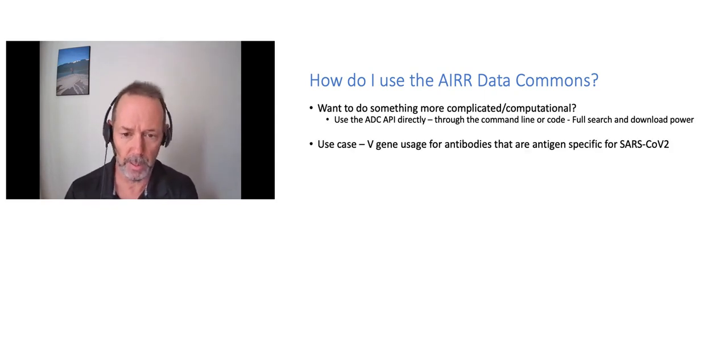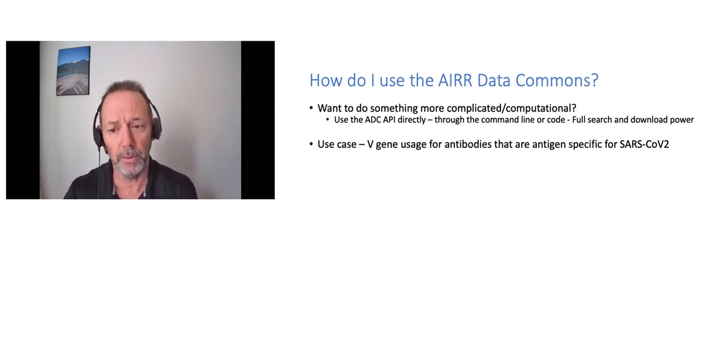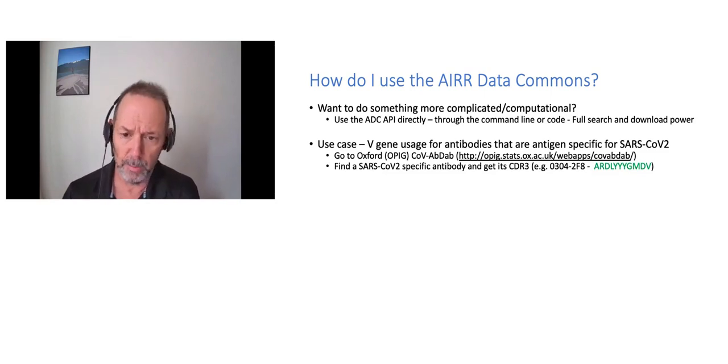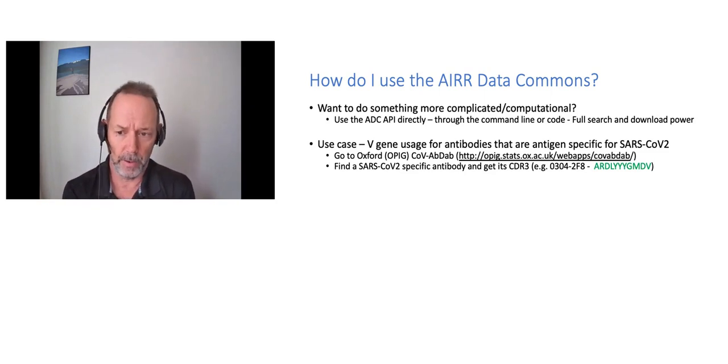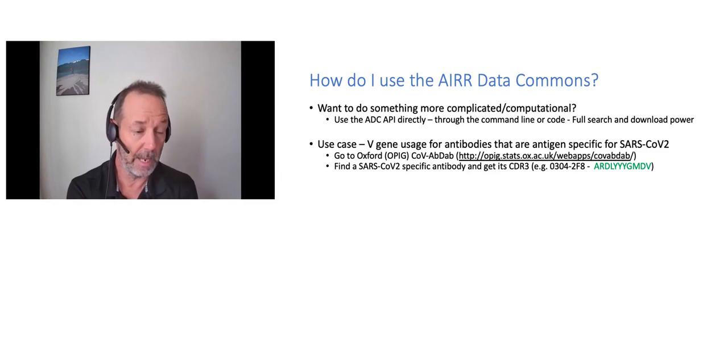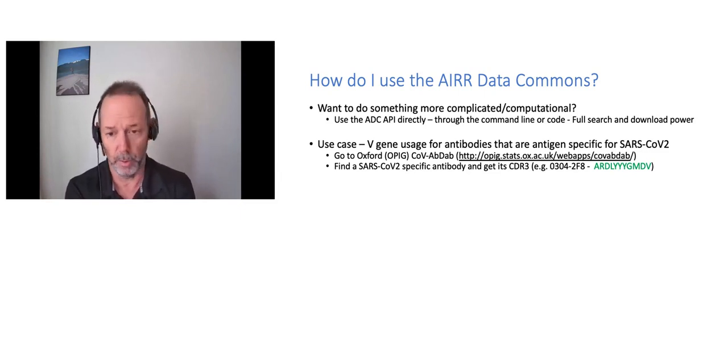So I'm going to walk through a simple use case. I'm interested in the V gene usage for antibodies that are antigen specific for SARS-CoV-2. I'm not sure if people are aware, but the Oxford OPIG group has developed a really valuable resource. They have a database of SARS-CoV-2 specific antibodies, which are antibodies that are known to be specific to SARS-CoV-2.